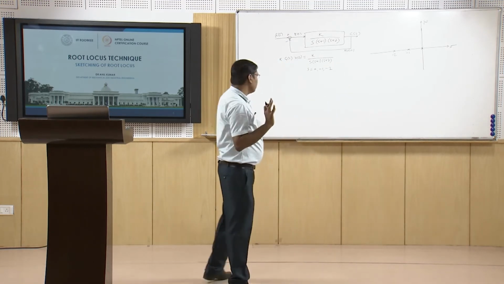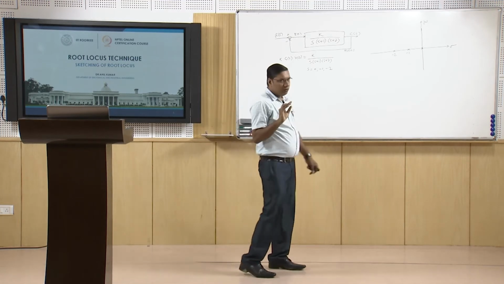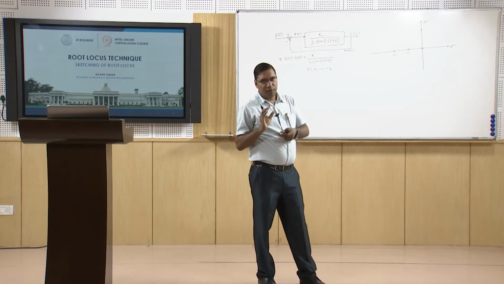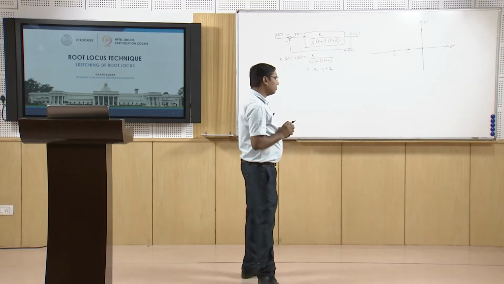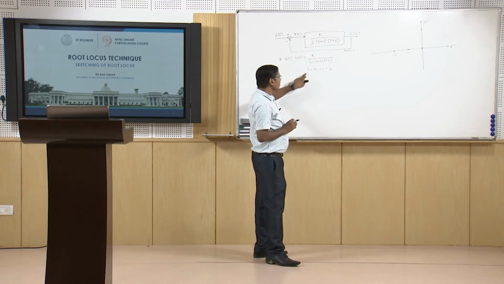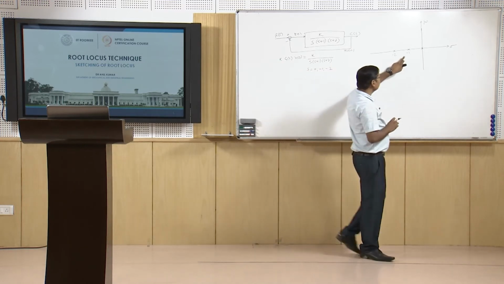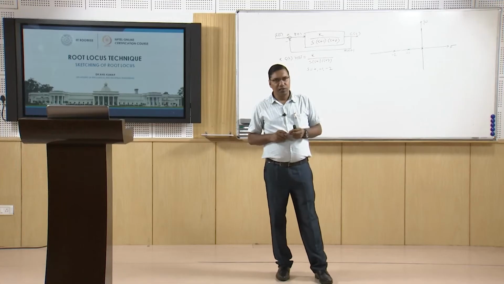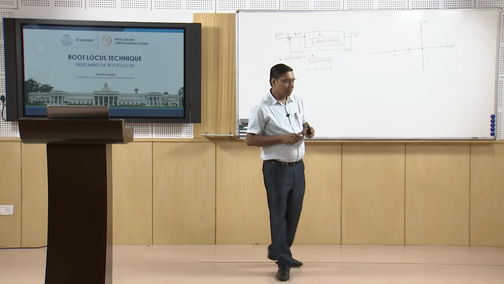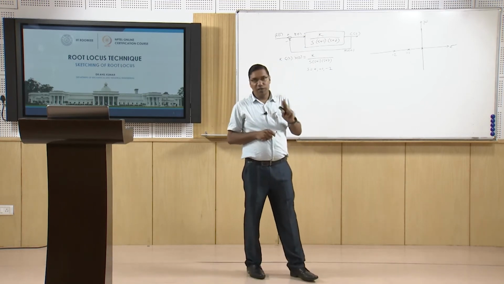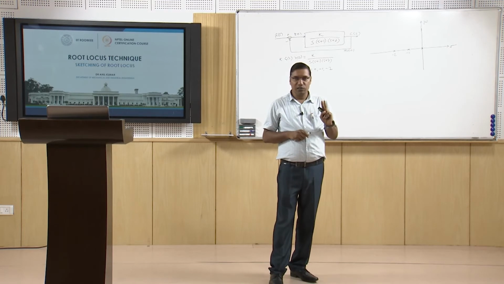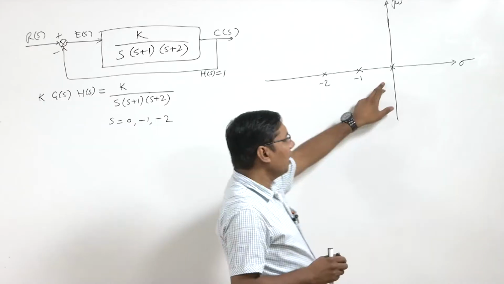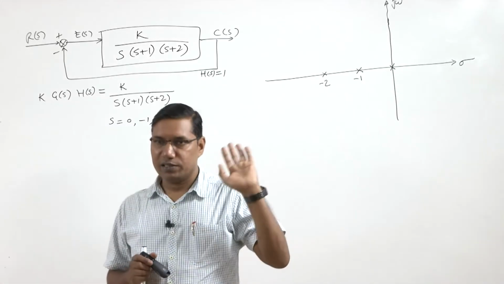We know that the root locus starts from the finite and infinite poles of G(s)H(s) and ends at the finite and infinite zeros. So the root locus will start at these 3 points and end at infinity.